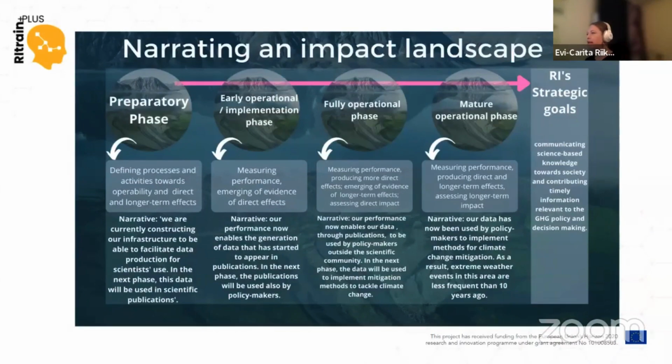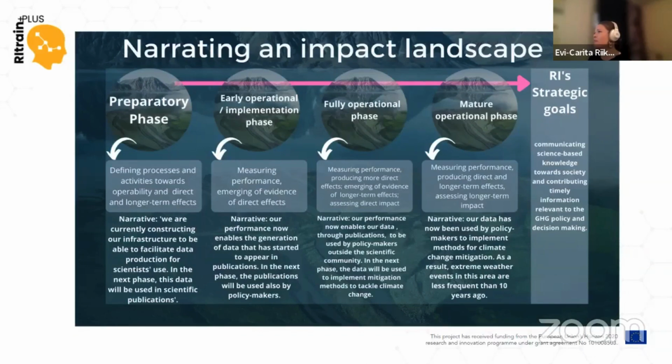And so what should we tell our stakeholders, or the general public, about how we are producing this impact that is not visible yet? So the narrative could be something like: now we are currently constructing our infrastructure to be able to facilitate data production for scientists to use. So in the next phase, this data will be used in scientific publications.